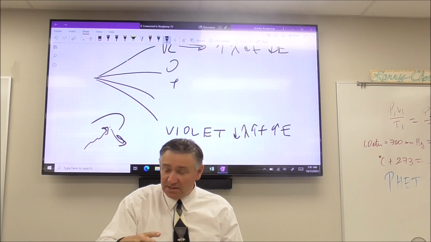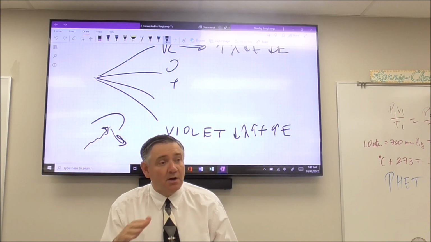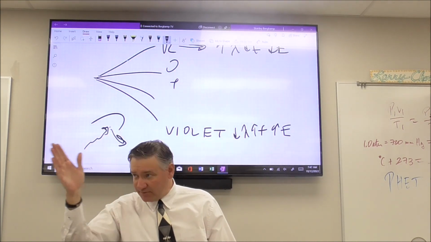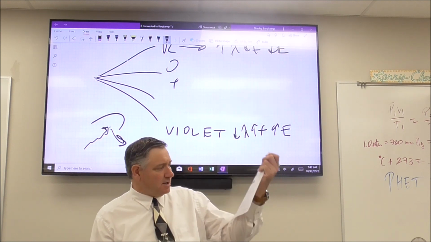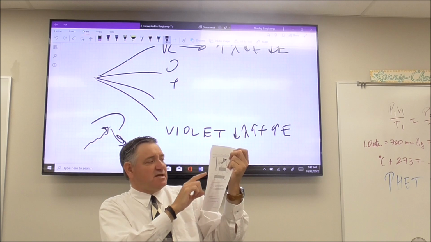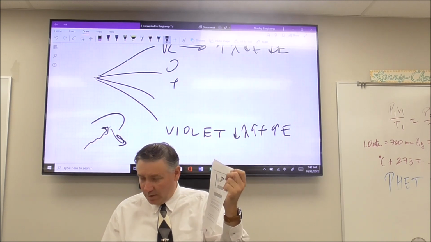So what we've seen is that once we take this light and we separate it out, every element has its own unique spectrum, its own band of colors. What this is showing you over here on page 2 is two possible ones. You have hydrogen and you have boron.